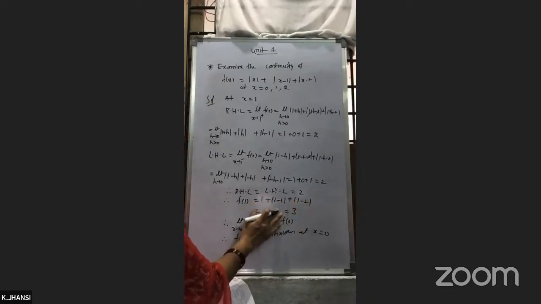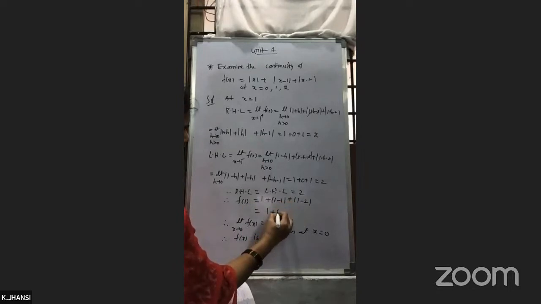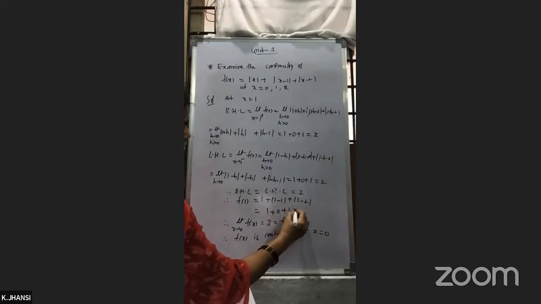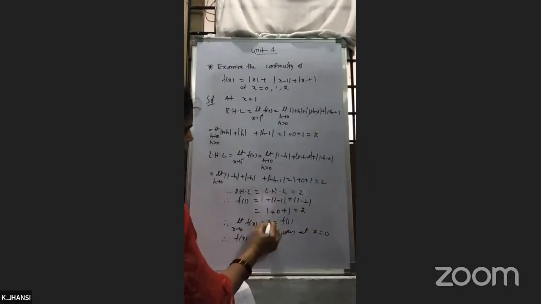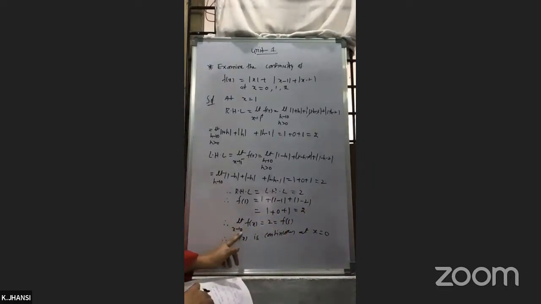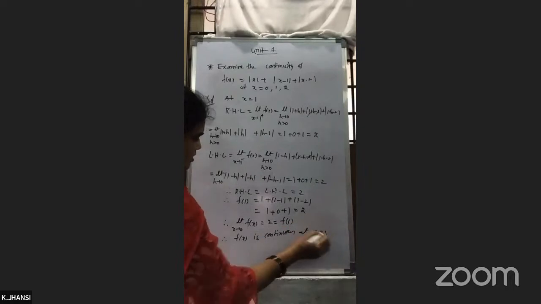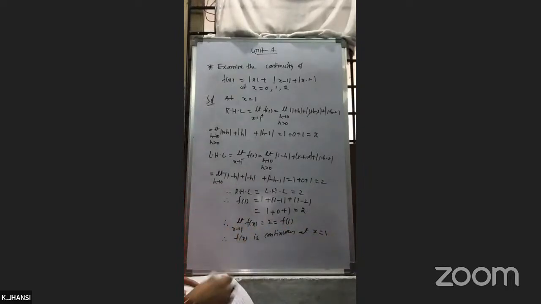So 1, this is 0, and this is 1. So you'll get it as 2. So this value is 1 and this value is 2. Therefore limit x tends to 1, f of x equals to 2 equals to f of 1. So f of x is continuous at x equals to 1.